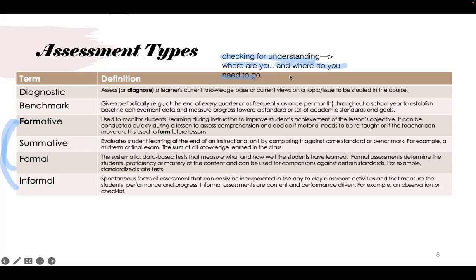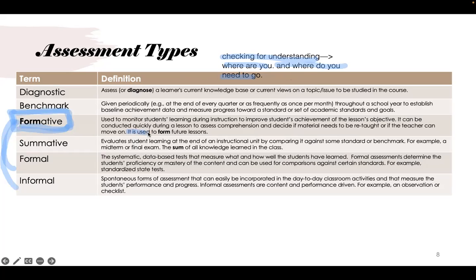What adjustments can be made to your class, to instruction? What reviews can be made of skills? What extra practice in order to bolster an area of need? So formative assessments are meat and potatoes. They form or they drive instruction.